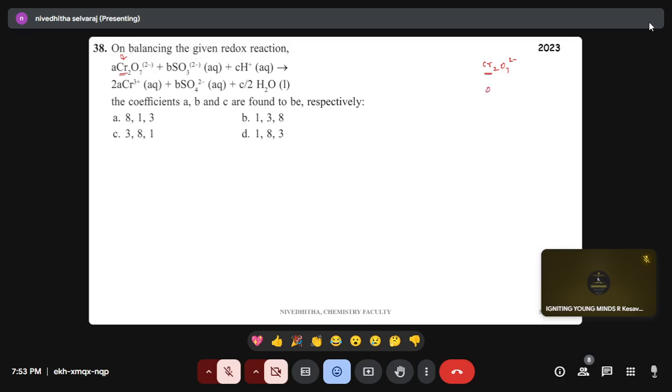So we have two chromium here. Oxidation state of chromium to be calculated, which I'm going to take as X, plus I have 7 oxygen and oxygen's oxidation state is minus 2, which is equal to the total charge on the compound, minus 2. So what is the value of X?